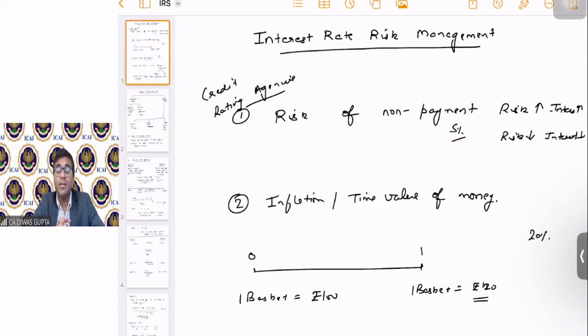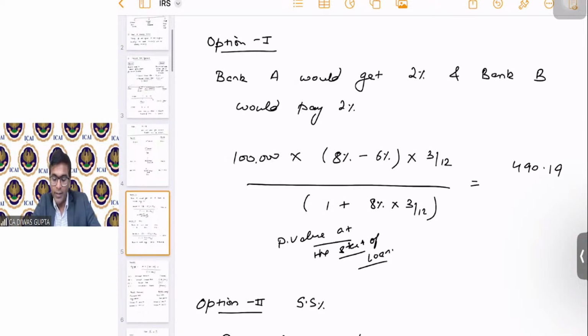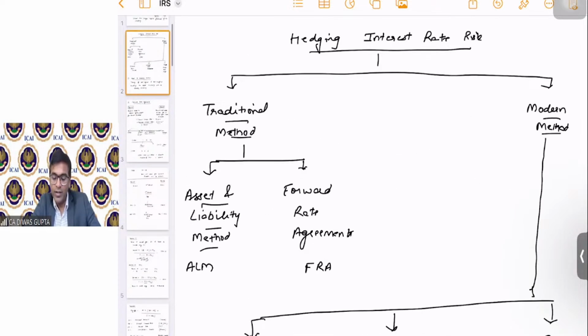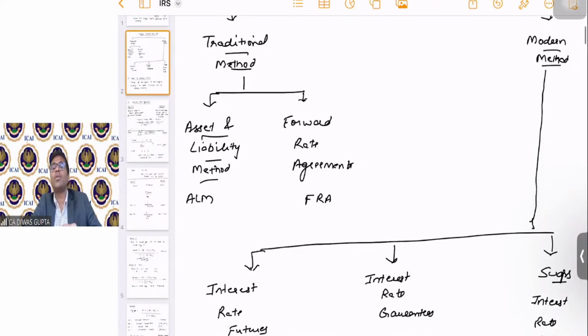Now, since interest rate as an index is bound to change through market operations as well as through RBI interventions, there is a risk. The risk on financial statements for a higher or lower finance income or finance cost, right? To avoid those risks, we have developed some of the techniques. What are they? The techniques were classified into traditional method and modern method.